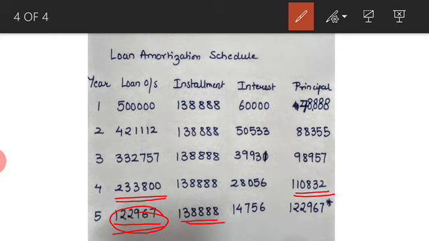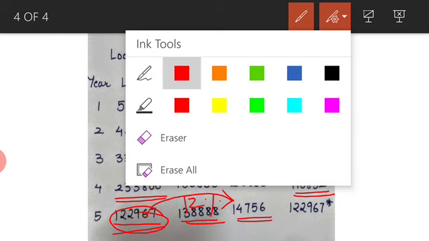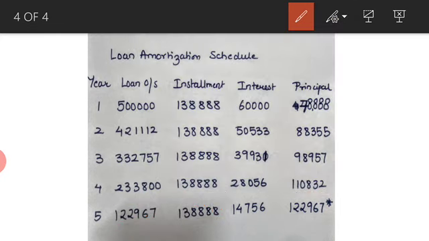Again the installment remains same, 1,38,888. Interest is again calculated on this value at 12% per annum, as usual what we have done for previous years. So 1,22,967 into 12% gives you 14,756.